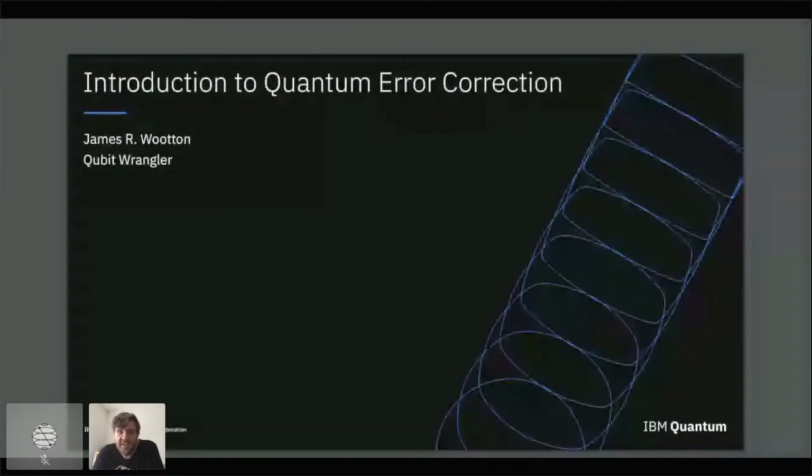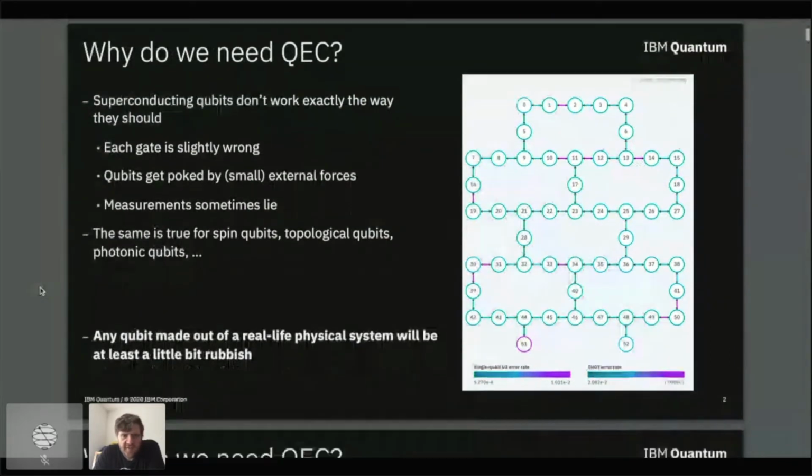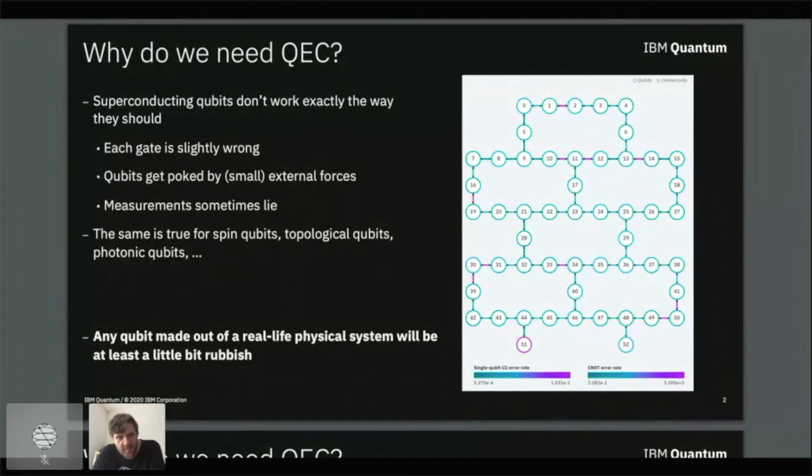So this lecture is an introduction to quantum error correction, and to justify why we're doing this, first I should talk about why we need to do quantum error correction. It's because, say, if you use the devices that we have available, you can go to quantum-computing.ibm.com and run jobs on real devices.